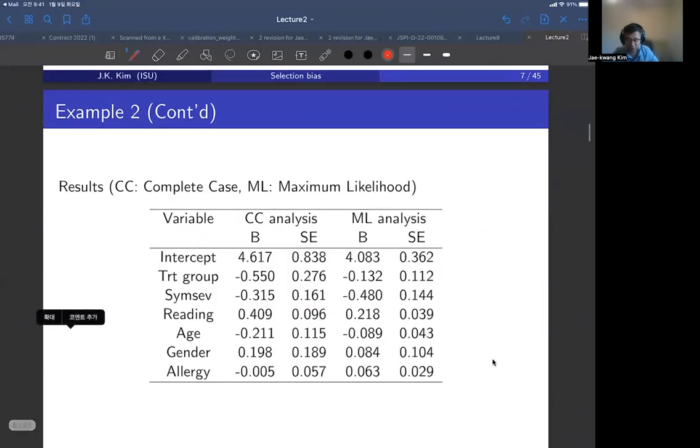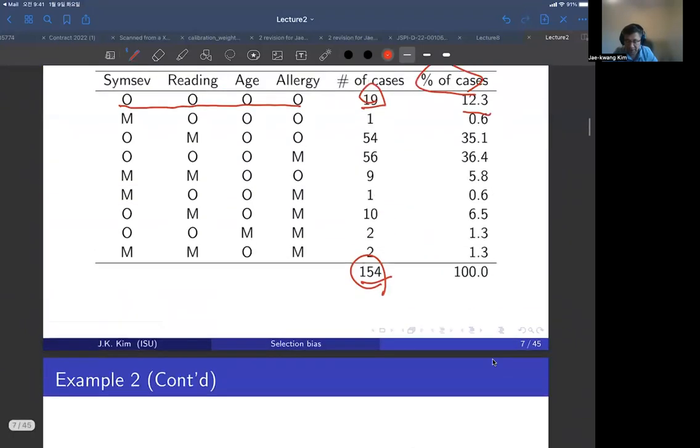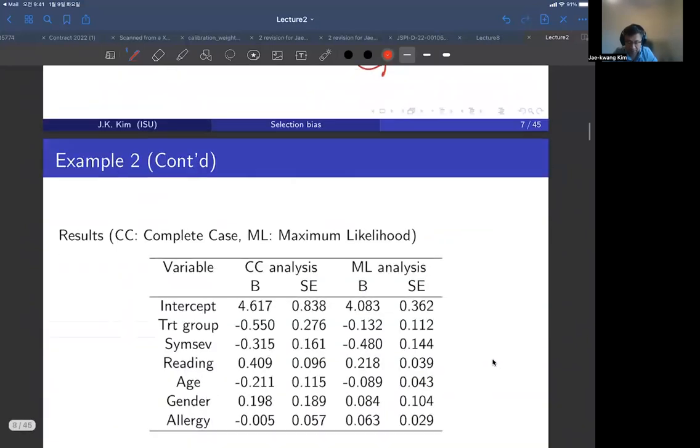So if you use the complete case only, that is the CC analysis, then you will have a large standard error. For example, if you compare this with the ML analysis, maximum likelihood analysis, which uses the full information, you have quite an efficiency loss, right? In this case.